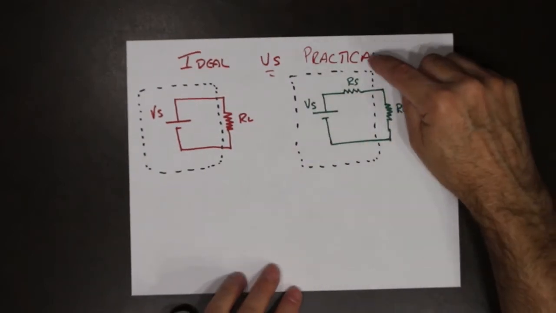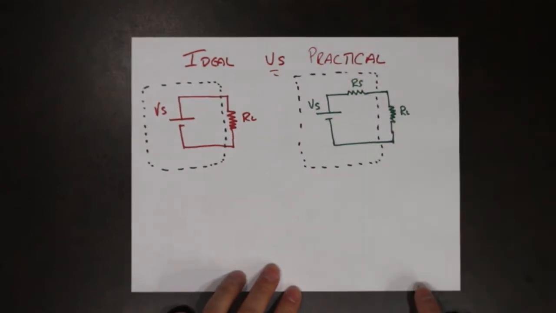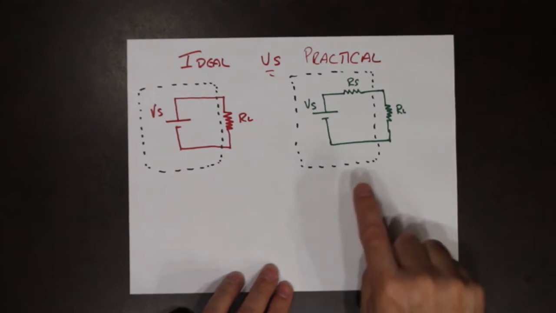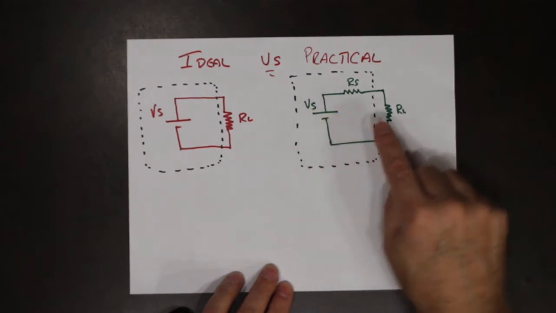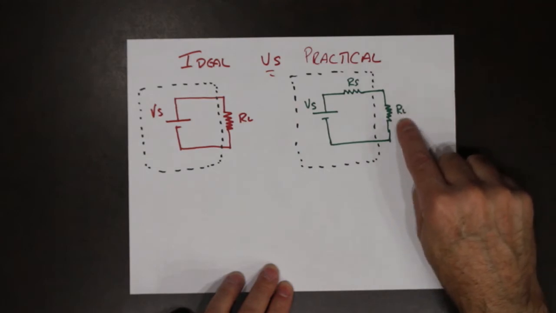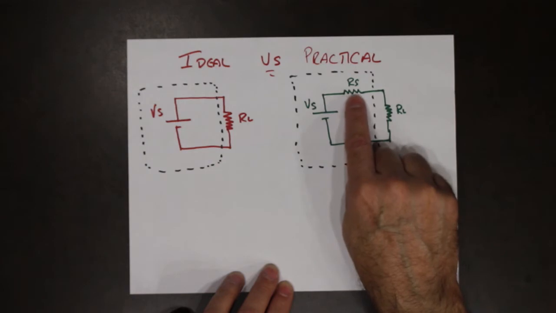In a practical sense, if we look at this circuit, Vs will never appear across RL because there's always going to be some voltage drop across RS.